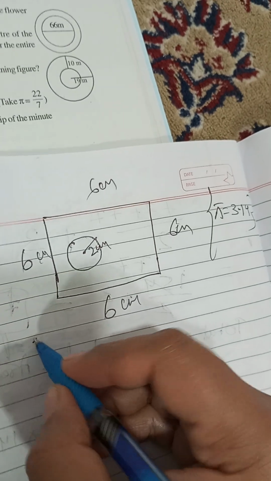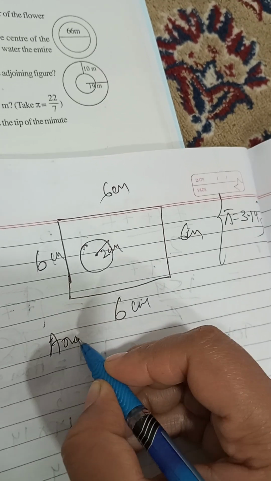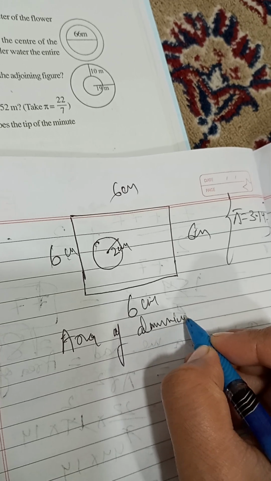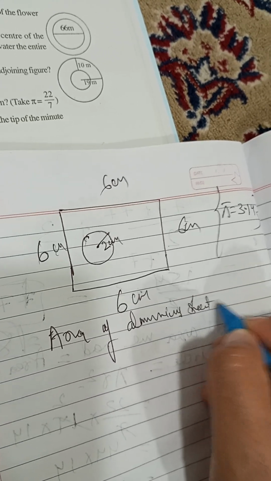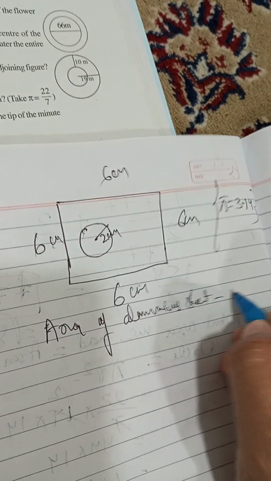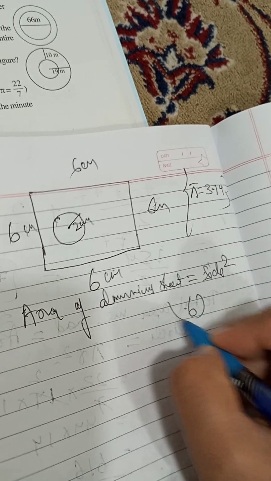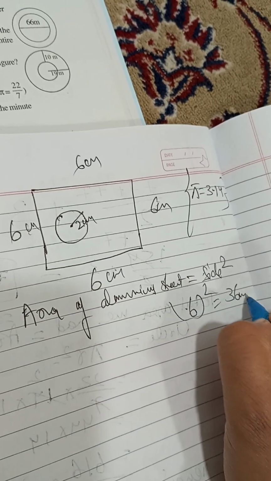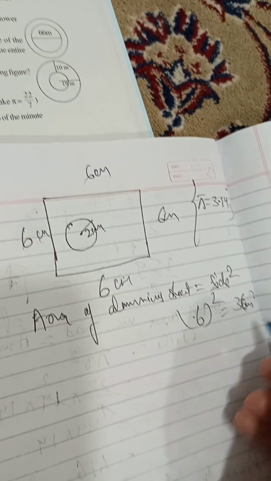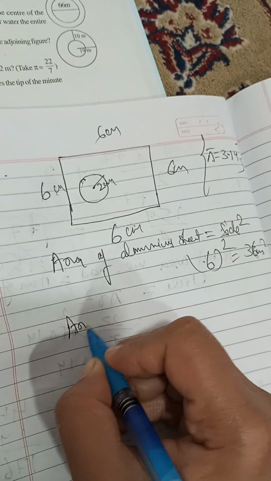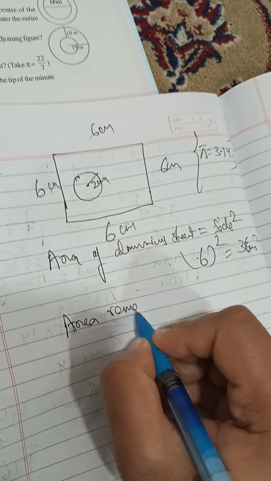So area of circle removed, area of aluminum sheet. First you find this aluminum sheet area. Area of aluminum sheet is side square. What is the value of side? 6 square, 36. So 36 centimeter square area sheet we had. What area did we remove? The circle area.